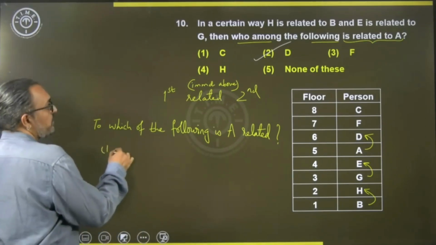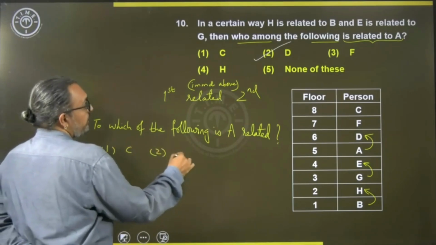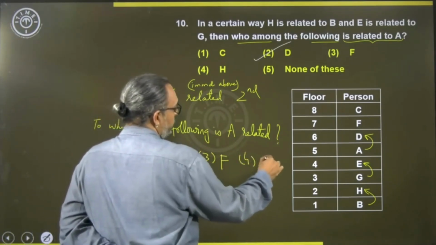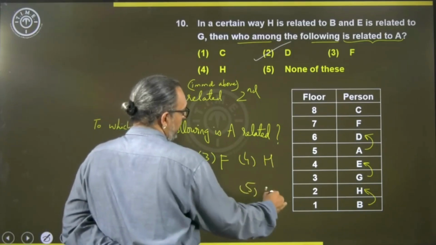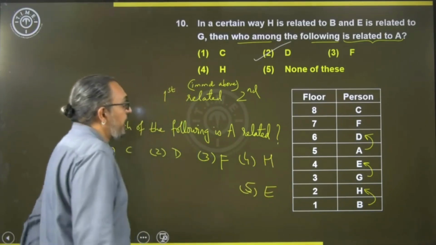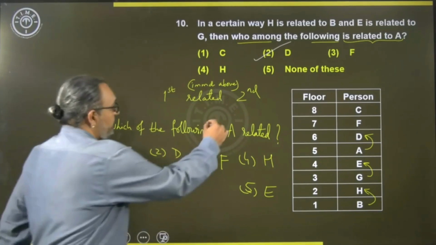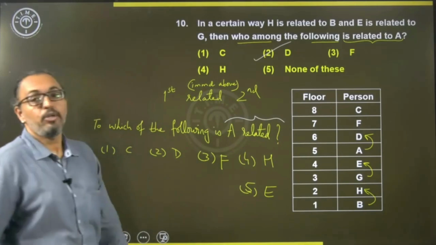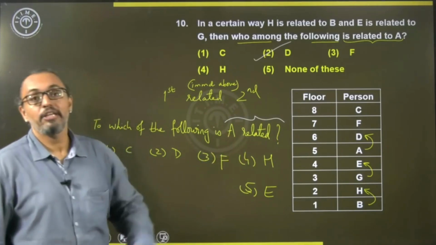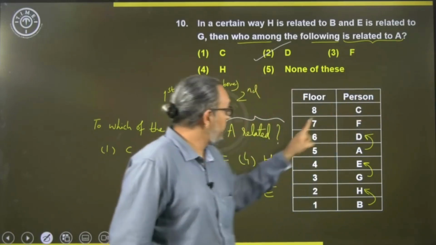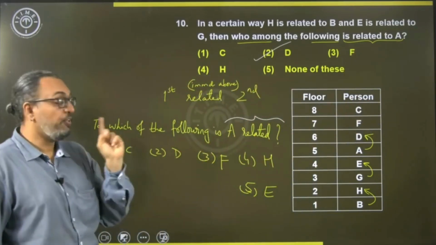Suppose if I give the options as C, then D, then F, then H, and in the fifth option, let's say I give E. Now here if you observe carefully, after the word related you have a question mark because a person is already given before related. Here a person is given after related. Here a person is given before related. So we need to be careful.